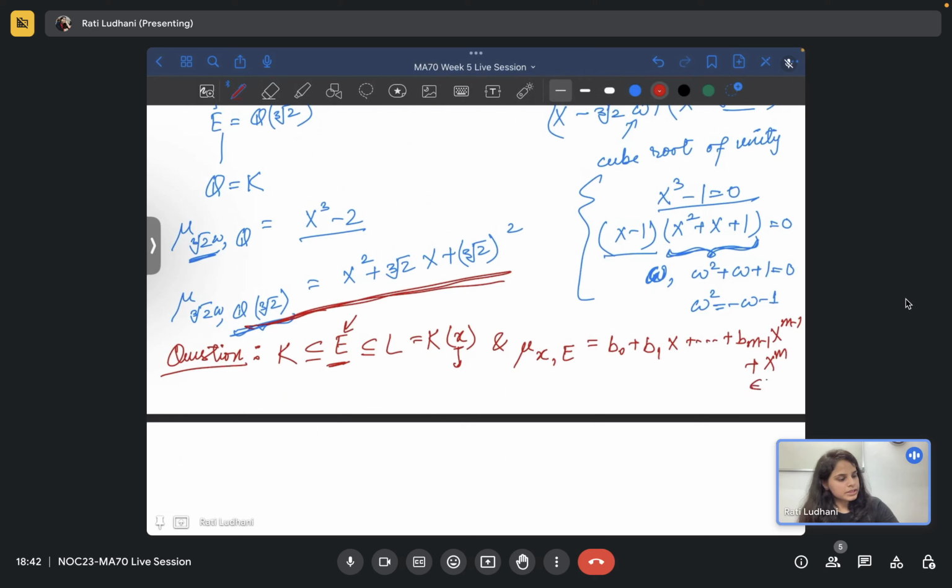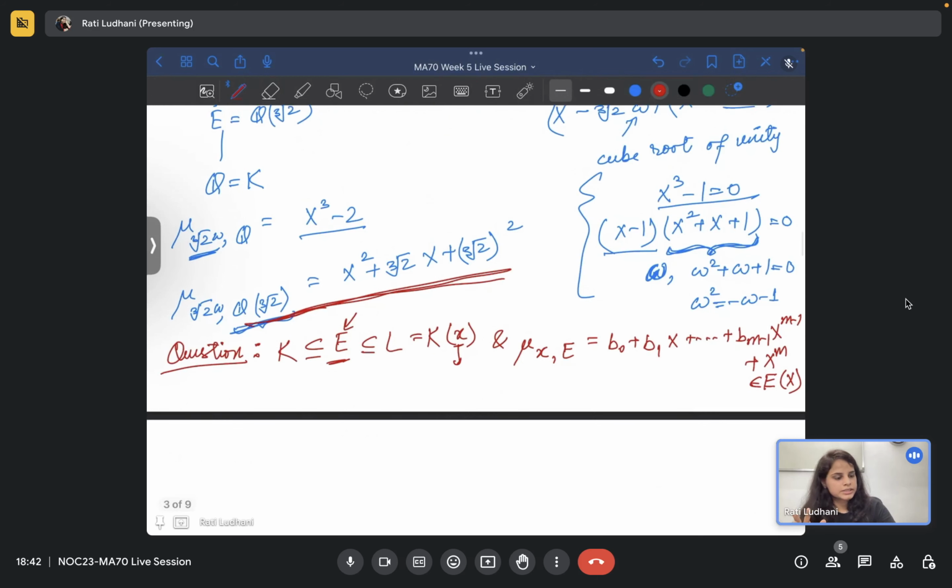So this is in E[x]. The coefficients are coming from E, like in this example. So this is your E, this is your K.